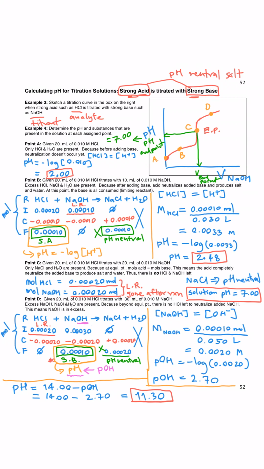Next, we are going to take a look at how to calculate pH for the titration solution of a weak acid that is titrated with a strong base. And we are going to sketch this pH curve by looking at what is being titrated. We see that the acetic acid is titrated, so acetic acid is the analyte, with the strong base, sodium hydroxide.